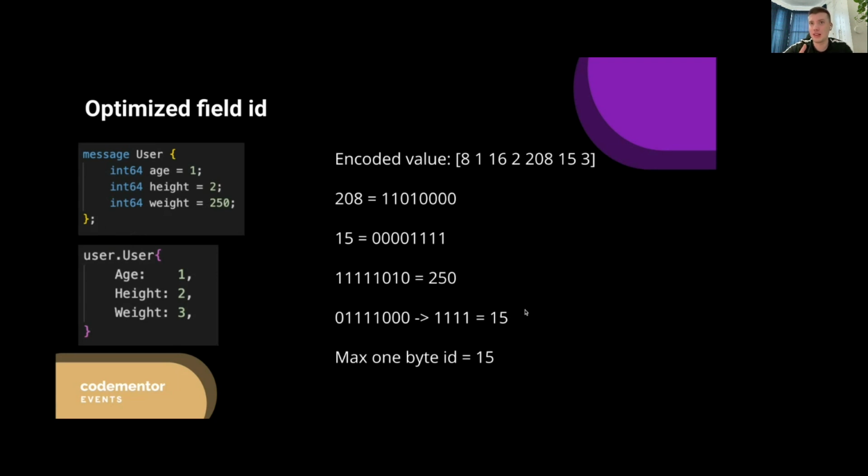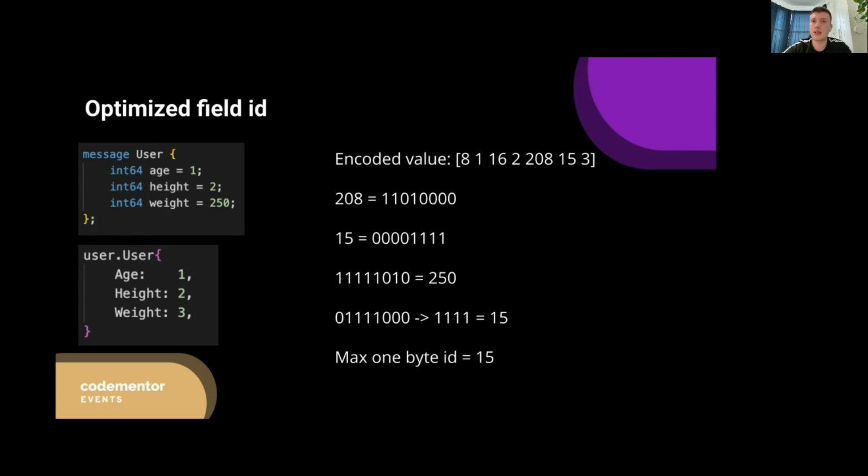But the idea is that, of course, the field IDs are encoded in the same way, using the most significant bit. So this actually means that, as you recall, there is a bit shift of 3 to the left.